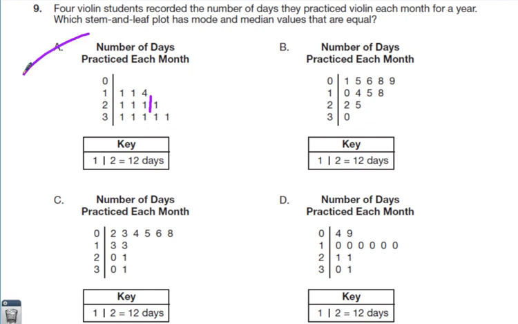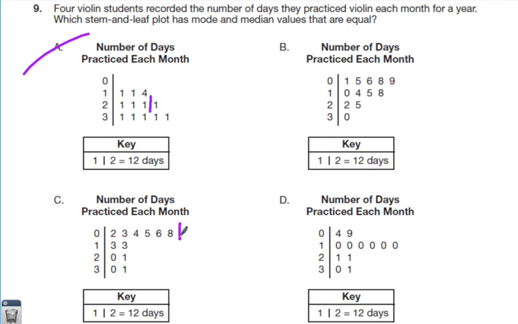Let's go down here to C, where there are 12 numbers. Once again, the median breaks this up into 2 groups of 6, so the median is going to be between the 6th and the 7th number. Boom.